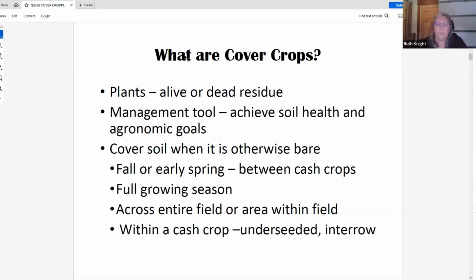So cover crops is a really broad term. It's a management tool to achieve soil health as well as agronomic goals.